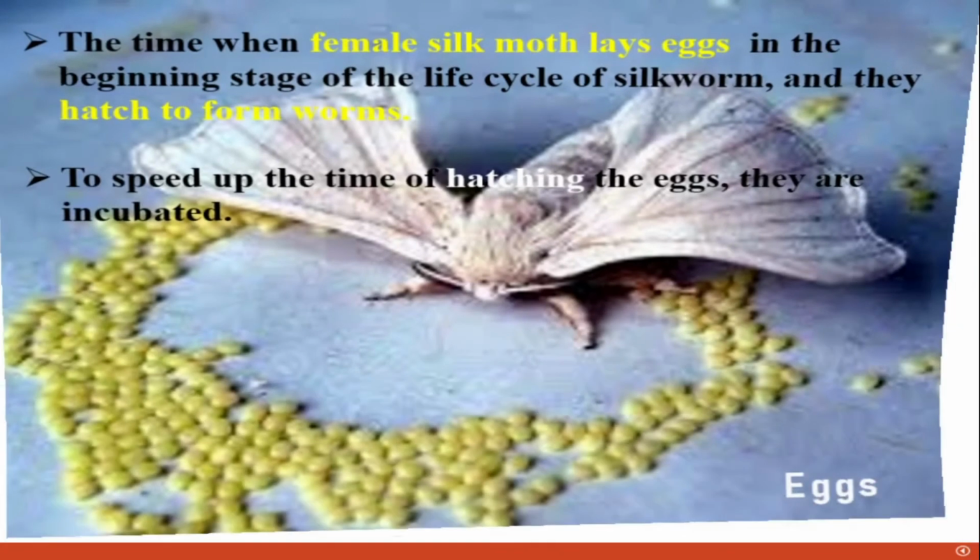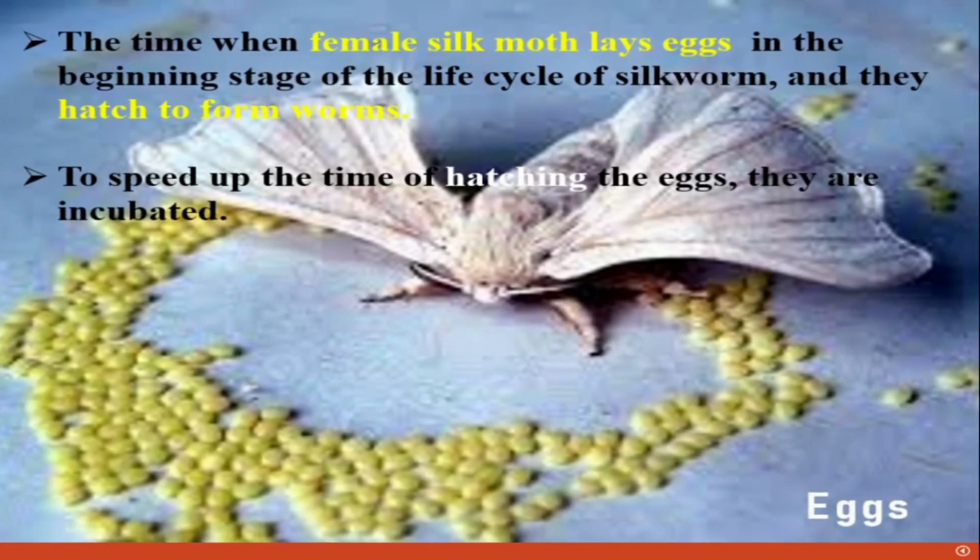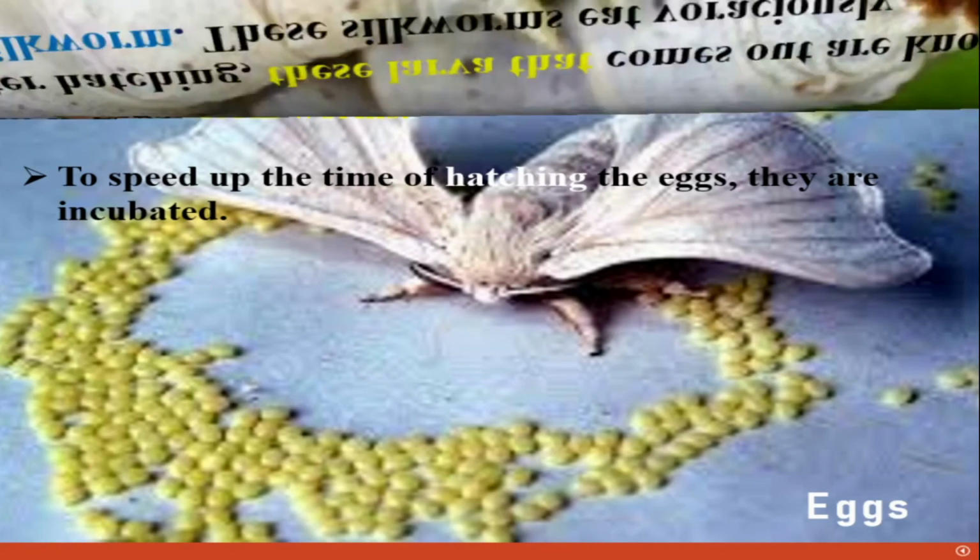Next, the same as what we have seen here, we can also see that the female silk moth lays eggs in the beginning stage of the life cycle of silkworms, and they hatch to form worms. To speed up the time of hatching, the eggs are incubated.